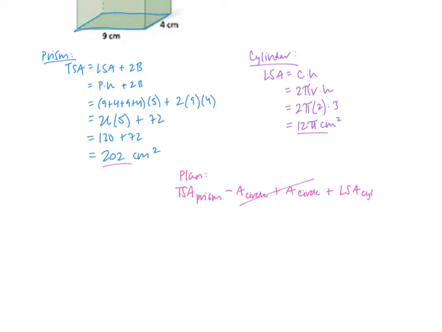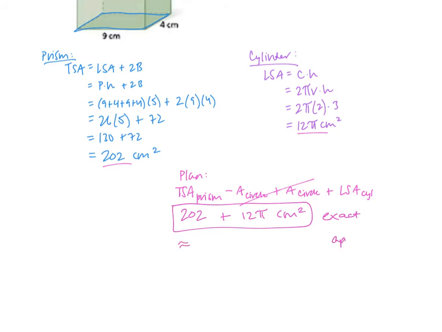Let's keep going with this problem. We know the total surface area of our prism is 202 centimeters. And we're going to add the lateral surface area of our cylinder. Remember, the areas of the circle on top and bottom cancel out with each other. Okay, so lateral surface area of the cylinder is 12 pi. We can keep our answer in that form. That is exact form. But we could also put this into our calculator and see what we would get.